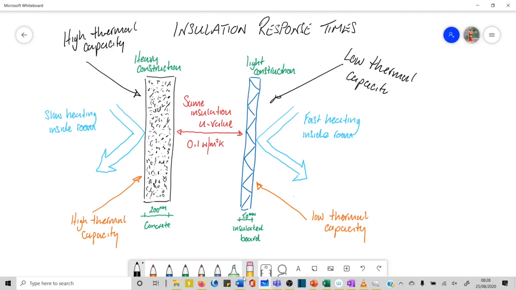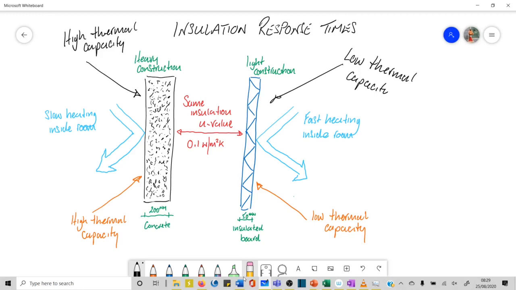So this is where the advantage of heavy construction and high thermal capacity works. The sun's going to beat down all day, or heat is going to be transferred into the concrete itself, and at night time it's going to slowly release that energy, so it's going to cool down. It's going to take a lot longer to cool down, but likewise it takes a lot longer to heat up.